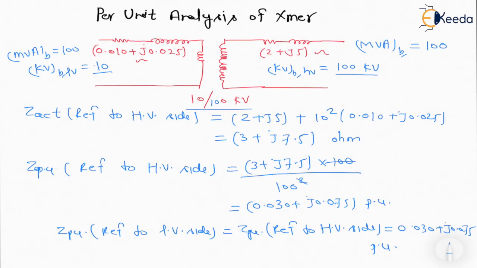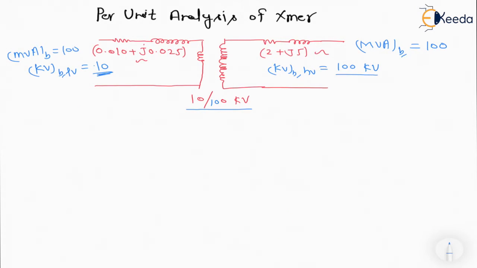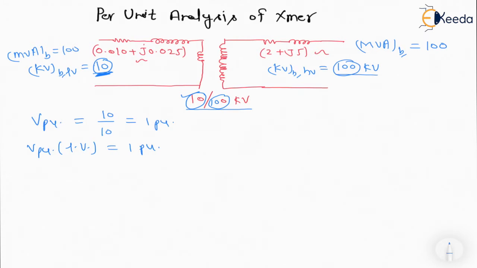Now we are going to see the per unit value of voltage and current. Here on LV side, our operating voltage is 10 kV and the base voltage is also 10 kV. So V pu will be operating 10 upon base value 10, so it will be 1 pu, and V pu of LV is equal to 1 pu. On HV side we have 100 kV operating voltage and 100 kV base voltage.